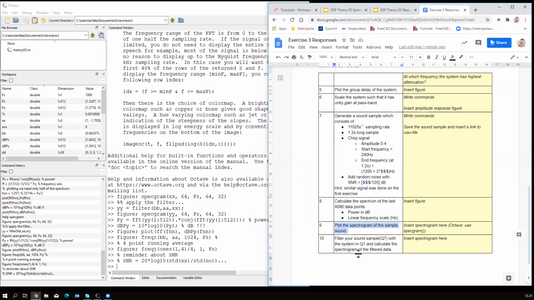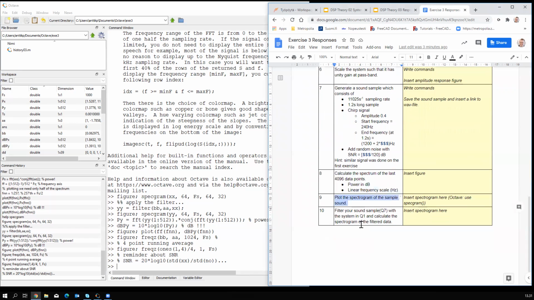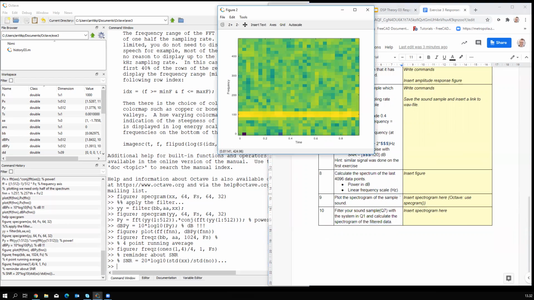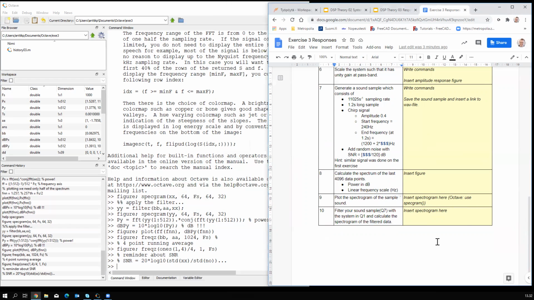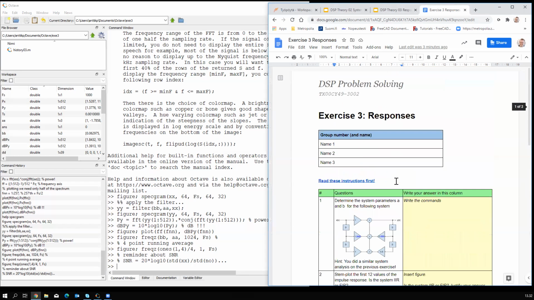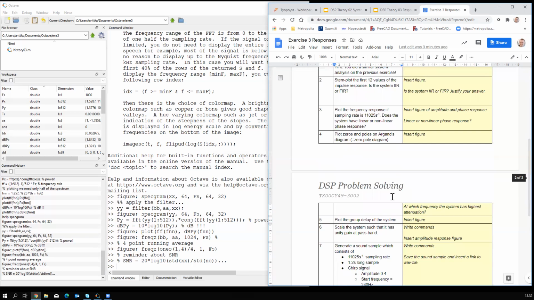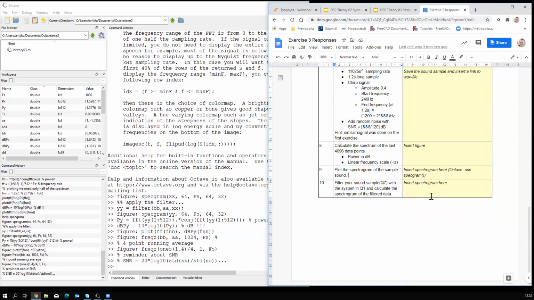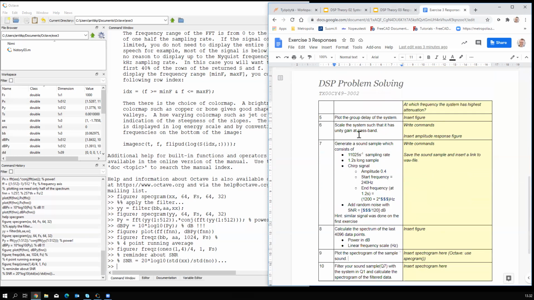Spectrogram, and then filtering sound sample. So spectrogram is that nice color picture like that. And filter your sound sample with the system Q1 and calculate the spectrogram of the filtered data. So basically you will see how that system filters this data here.